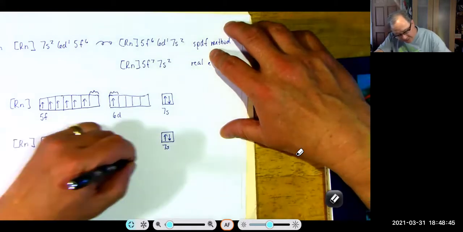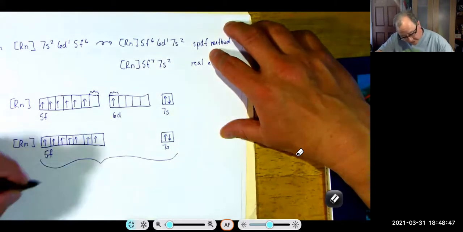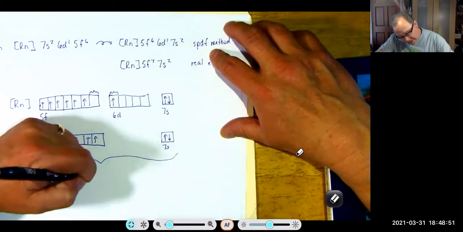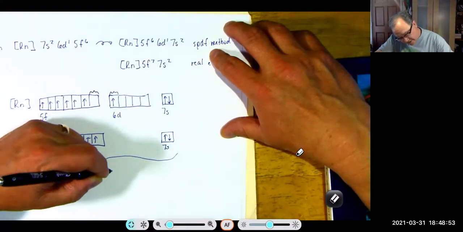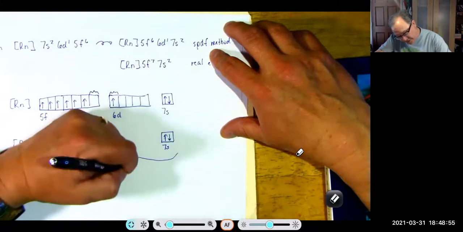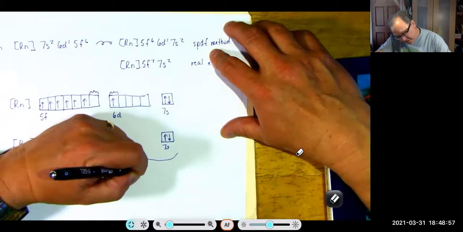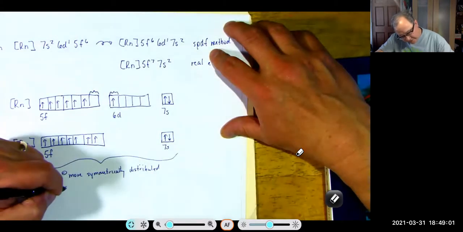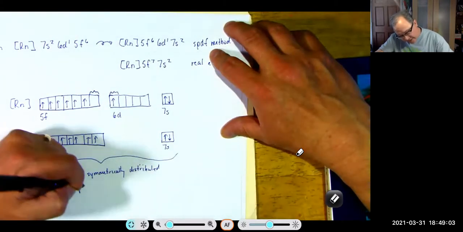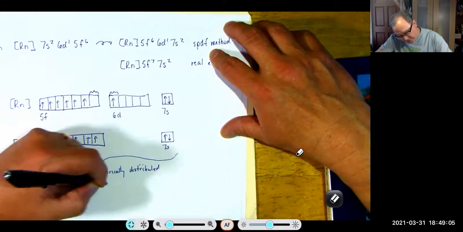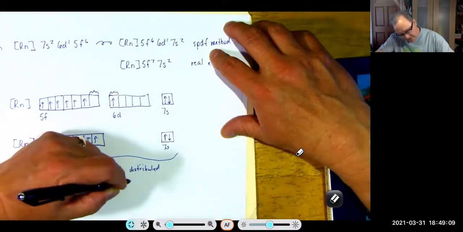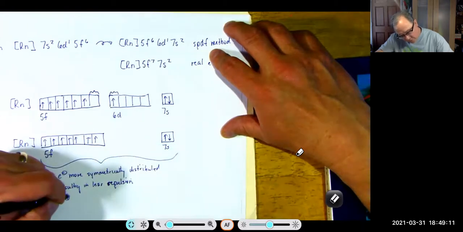And the reason it is this one is because the electrons are more symmetrically distributed, resulting in less repulsion and more stability.